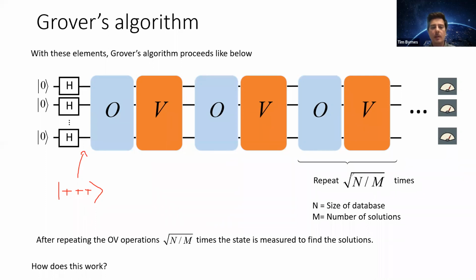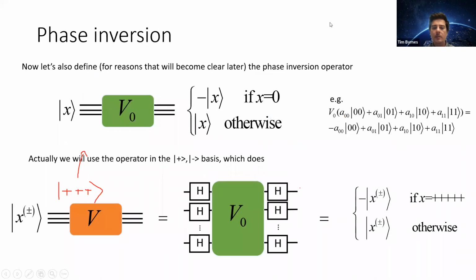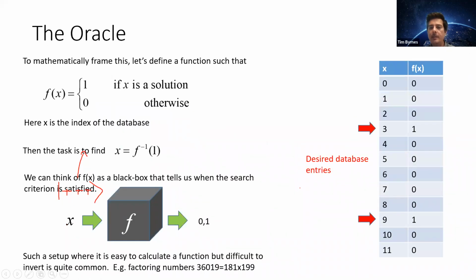So for example, in the example that I had before, let me go back. Here we go. Just to tell you what the N and the M are here, N in this case would be, for example, 12, the number of database elements, and M would be the number of solutions, which would be 2.